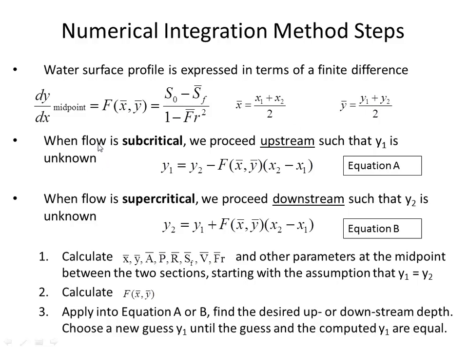And if the example has subcritical conditions, I'll move upstream, calculating Y1 as Y2 minus this process equation times the difference in distance between 1 and 2. And then I'm going to be calculating all of these different parameters at the midpoint, and it's an iterative process, and I know that I've got the correct upstream depth that I'm trying to calculate when my initial guess matches the calculated value.